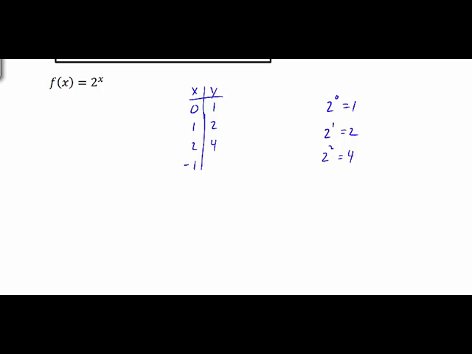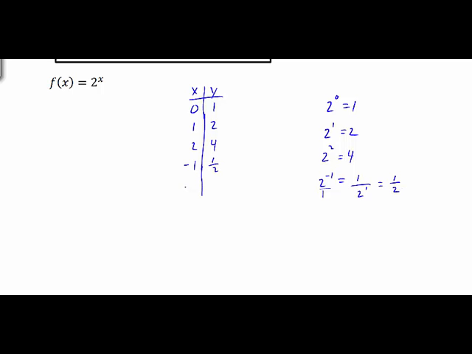If I let x equal negative 1, we have 2 to the negative 1. Now, how do we handle a negative exponent? Well, first we can make the exponent positive, and keep in mind this is understood to be 2 to the negative 1 over 1. To make this exponent positive, we're going to move the 2 to the bottom, and we would have 1 over 2 to the first power, which is simply 1/2.